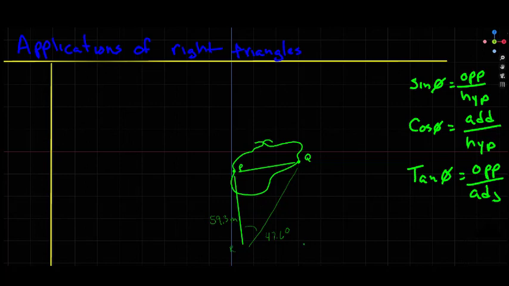All right, so we have two pieces of information. We have an angle, we have the adjacent side to the angle, and we want to find the opposite side of the angle. We know how to do these. It's going to be the opposite equals the tangent of theta times the adjacent.